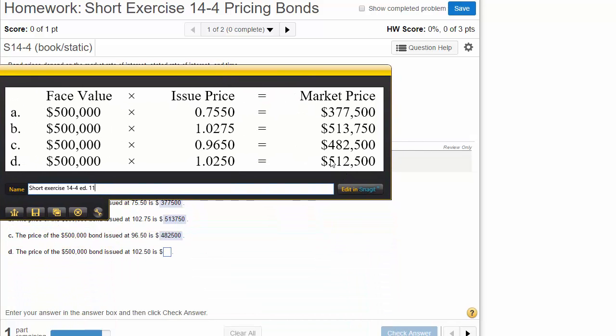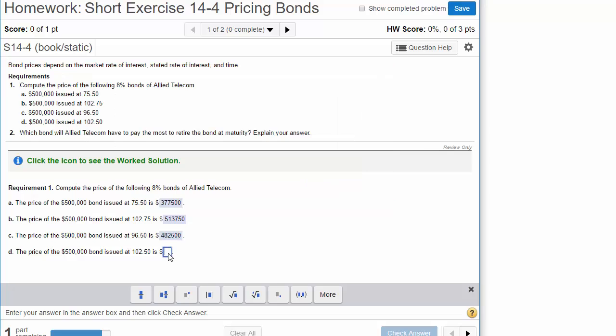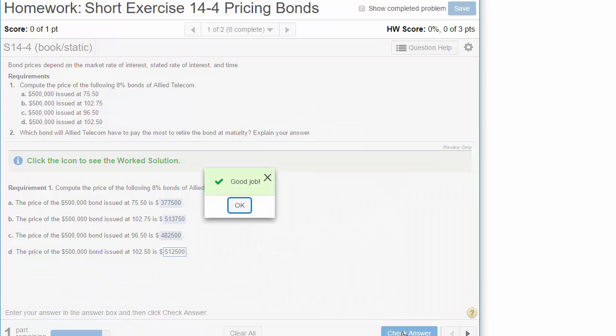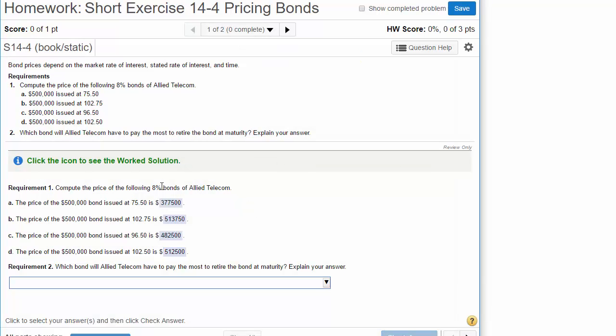So in this scenario, Allied Telecom received $512,500 from the bondholders.